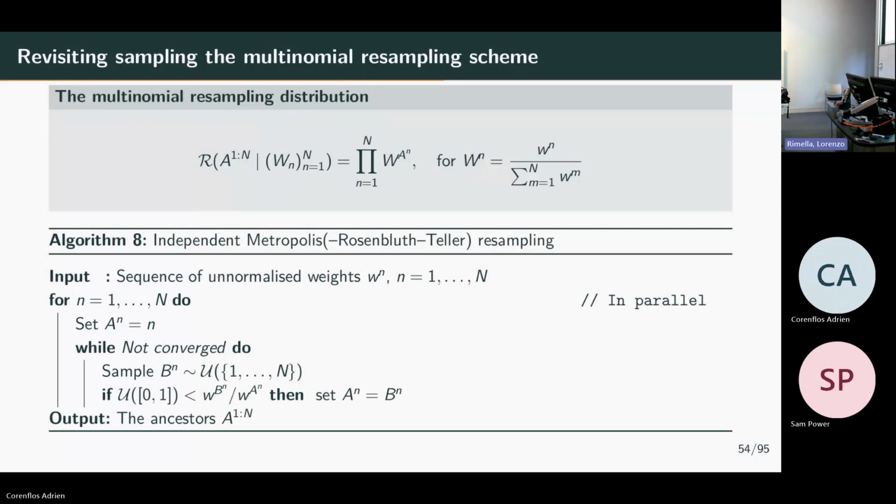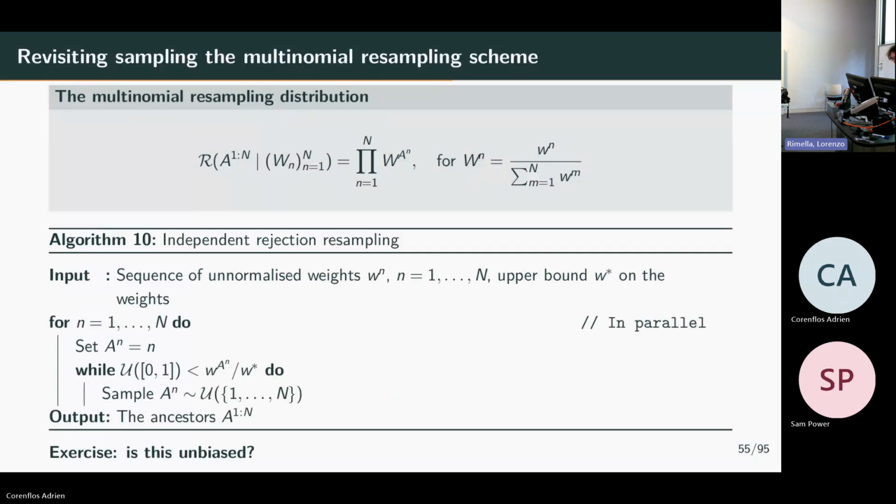And so the way you would typically do it, if you were to give it a first go, is you would propose an ancestor uniformly, right? And then accept or reject depending on the ratio of the weights. Okay, and you do that over and over again. And if you do it for long enough, it has to converge to the actual target distribution, because under fairly natural conditions, the weights are going to be connected, and so you get geometric convergence.